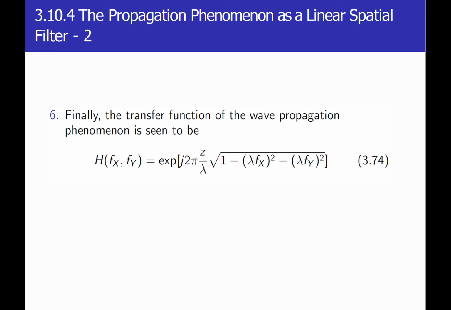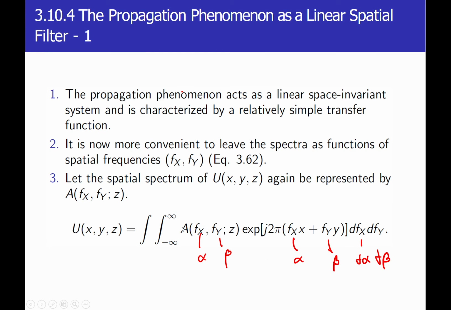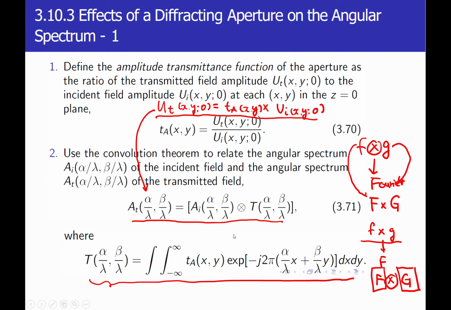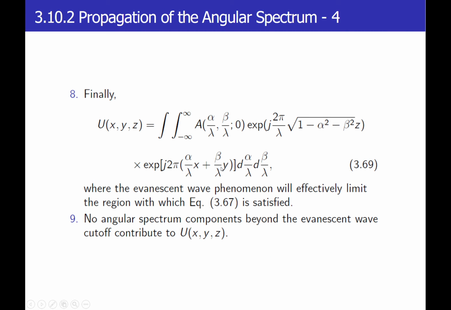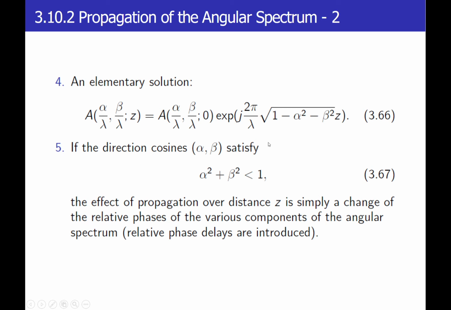And then what we are trying to say is that we know that A(fx, fy, z) is in fact like this. So at z equal to 0, we should think about the incident field and the transmitted field. And then this will be the phase factor that will be added for arbitrary z.